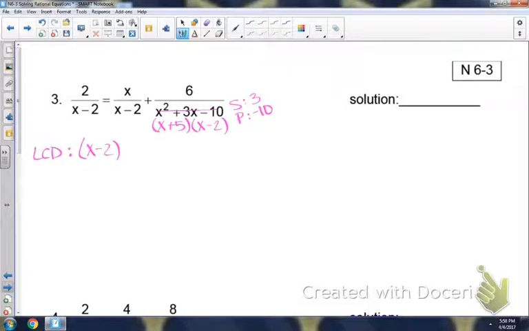Notice we already have an x minus 2. We need to bring down the x plus 5. So there's my LCD. I'm multiplying everything in my equation by the LCD.